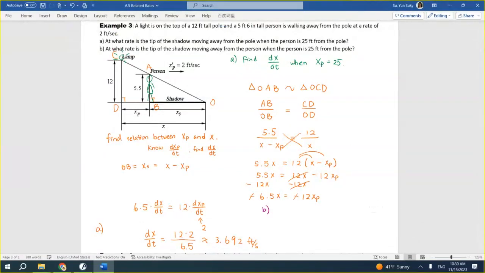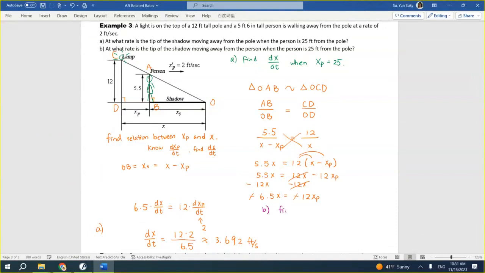Part B. At what rate is the tip of the shadow moving from the person? See, the distance from the tip of the shadow to the person is xs. So part B, we're looking for the xs, right?